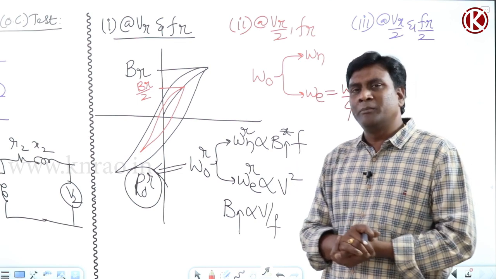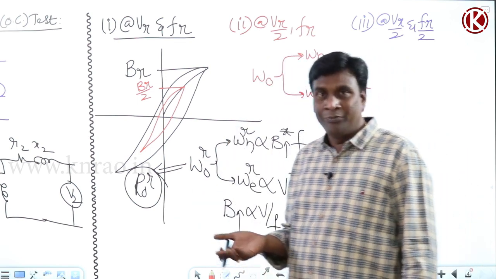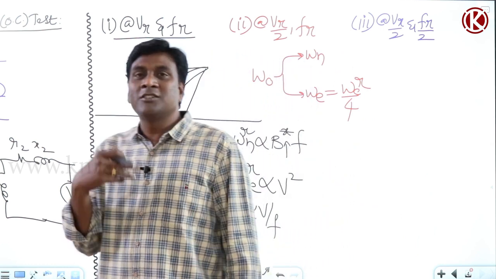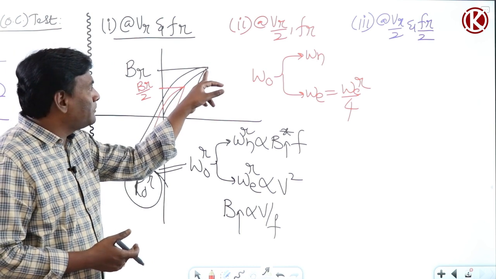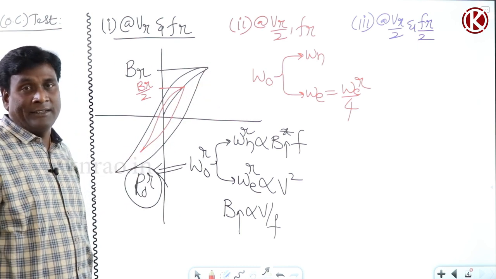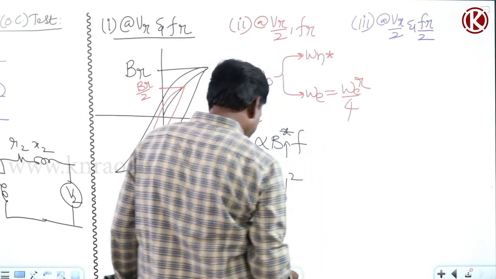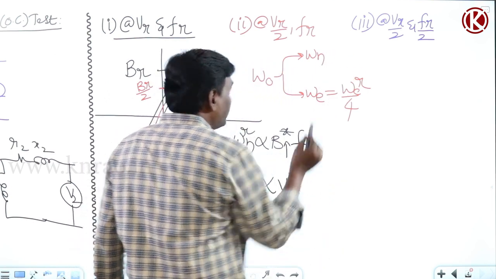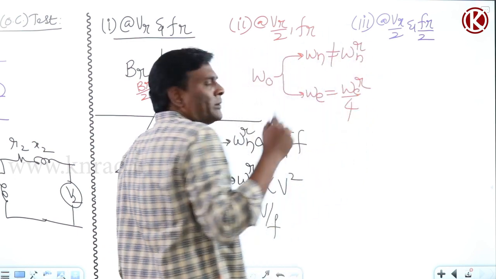We can do that because a mathematical interrelationship exists between two areas of circles, two areas of triangles, or two areas of mathematically defined functions, but these are not mathematically defined. So from this black area, you cannot find the red area. From this you cannot find the rated hysteresis loss at all. There is no mathematical interrelation.